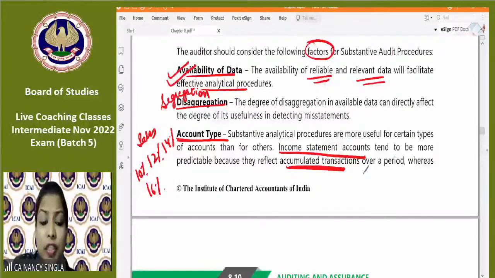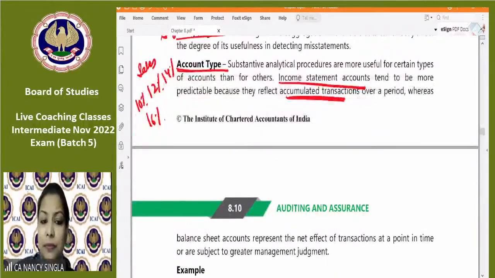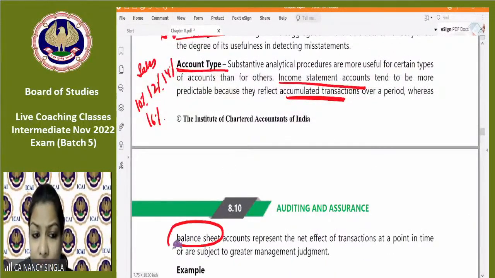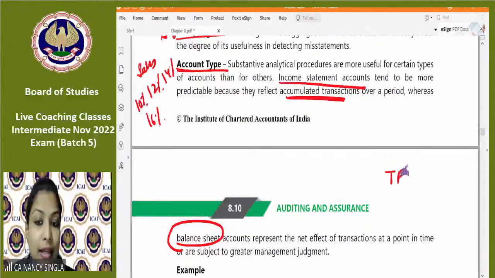With respect to balance sheet items, the auditor might not be able to apply analytical procedures easily. If the auditor wants to apply an analytical procedure on a balance sheet item, take trade receivables. As such, last year trade receivables were this much, and this time there should be a 10% increase. This is not an exact relationship.